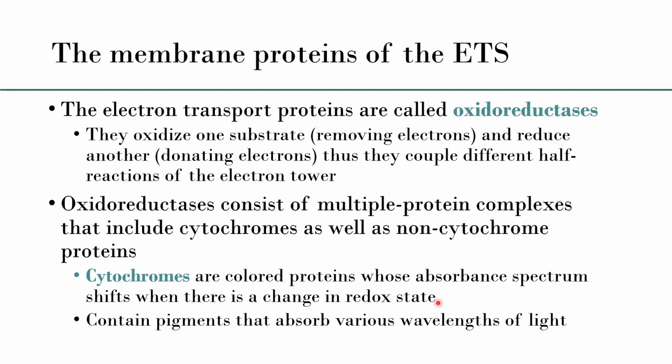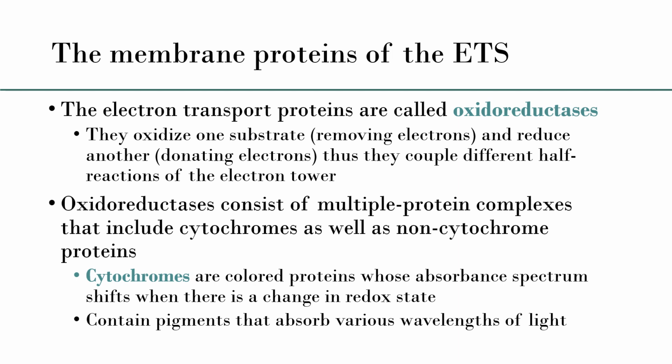And so these are just proteins that contain pigments, and pigments are just chemicals that can absorb light energy, and they do it at different wavelengths. We're going to get into a little bit of this near the end, but different wavelengths of light hold different levels of energy. So when we talk about infrared light, that's pretty low energy light, or red light is very low energy light.